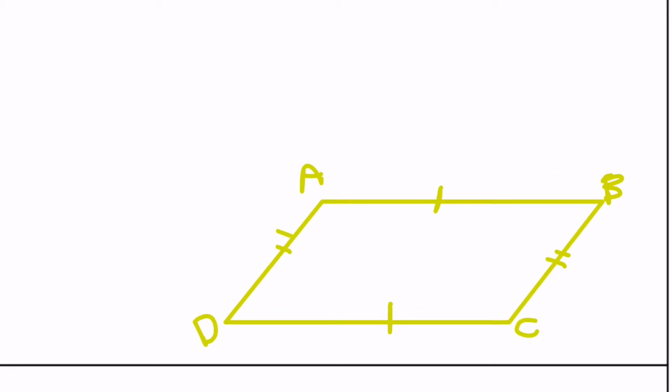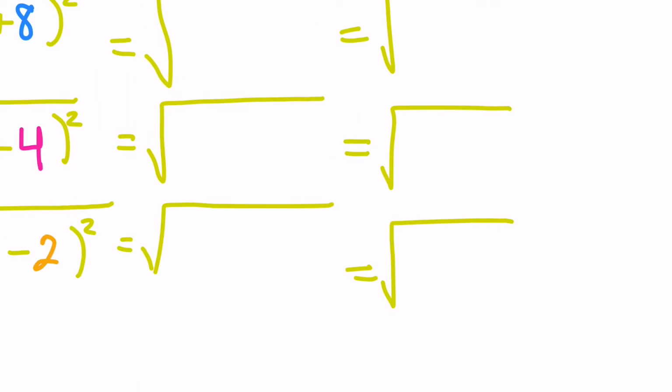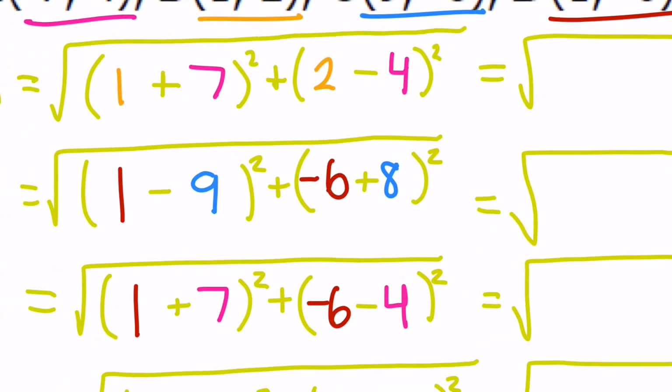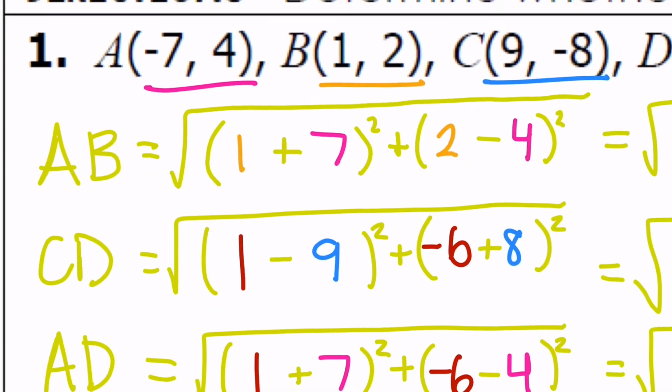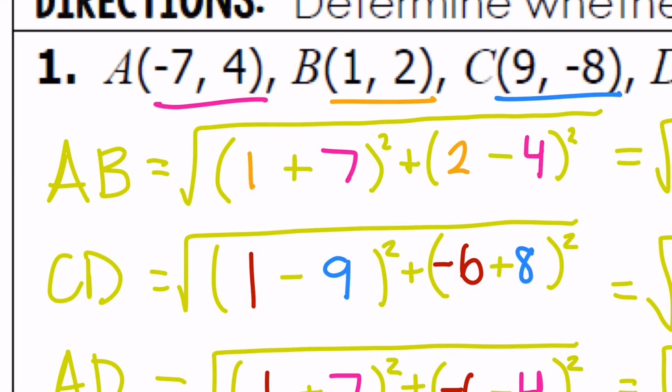So I'm going to look at AB and CD first. I need to find the length of those, and I do that by using my distance formula. Here is the formula set up for AB, to find the length of side AB.